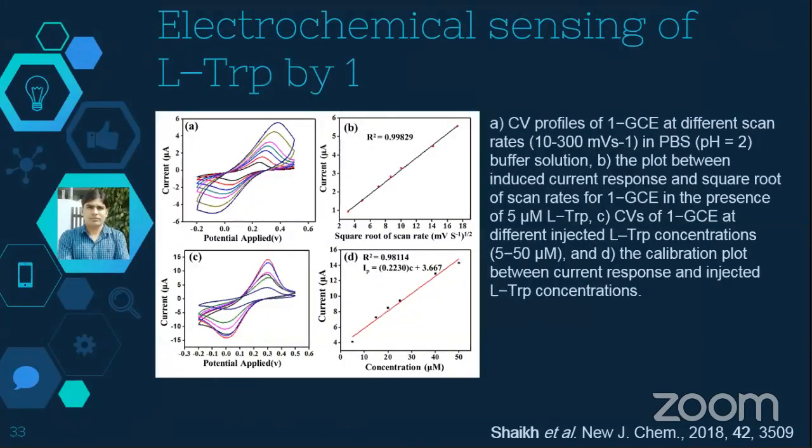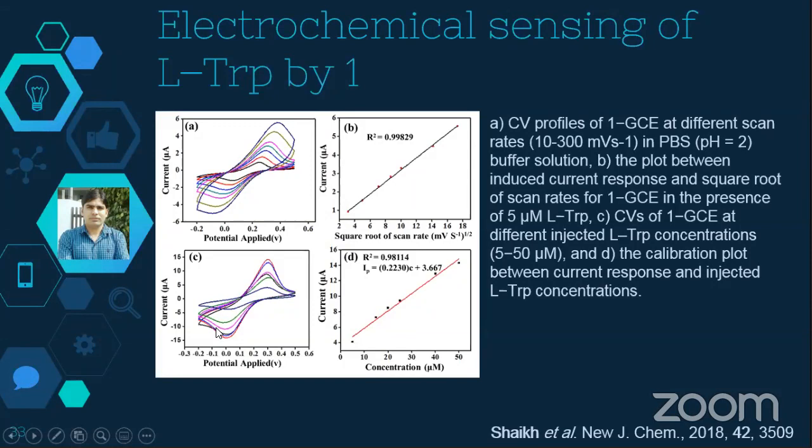Then again, you need to check whether this particular electrode is stable or not. For that we did a scan rate study from 10 millivolt per second to 300 millivolt per second, and we found it to be quite linear across all the different scan rates. Then we studied different concentrations of L-tryptophan.